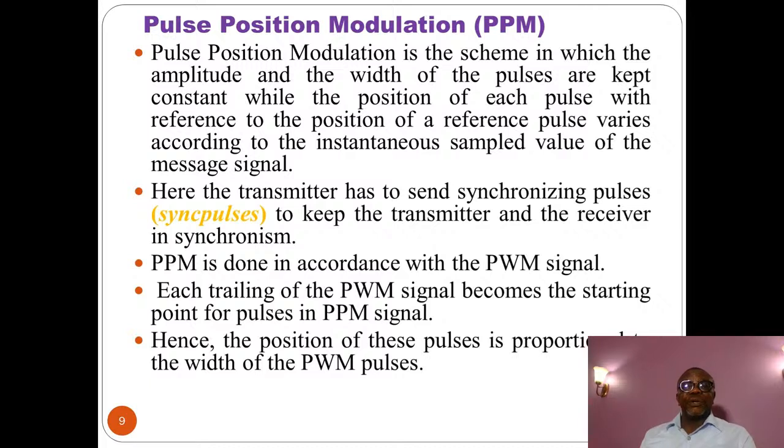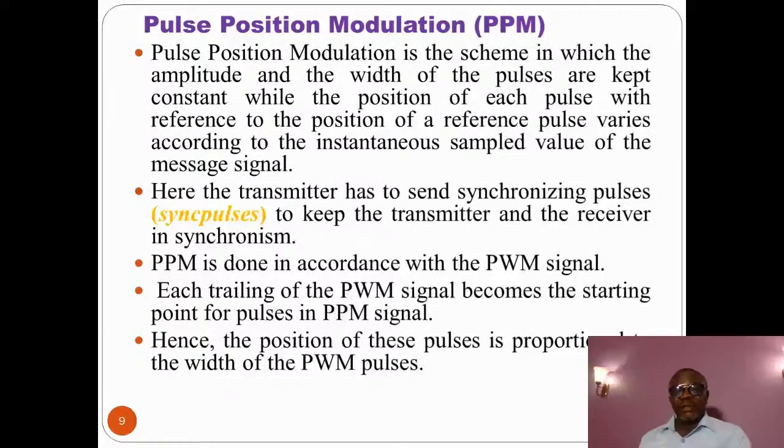Now, pulse position modulation. The pulse position modulation, known as the PPM, is the scheme in which the amplitude and the width of the pulses are kept constant while the position of each pulse varies, where the transmitter has to send a synchronization pulse to keep the transmitter and the receiver in synchronicity.